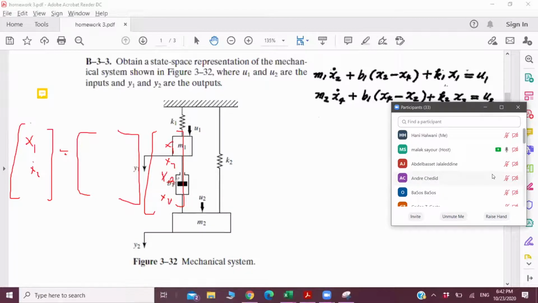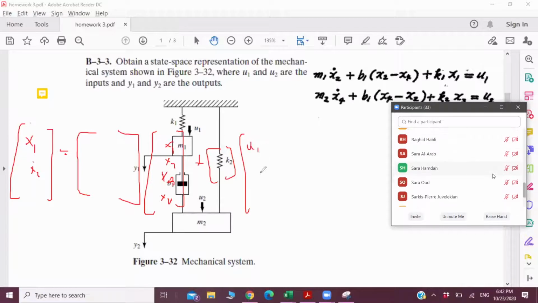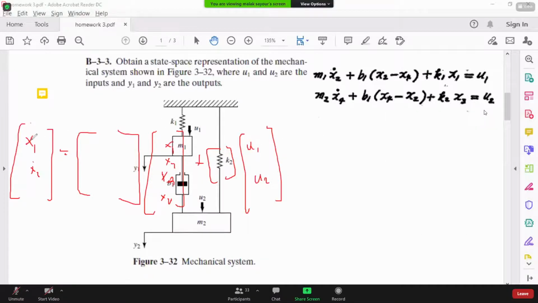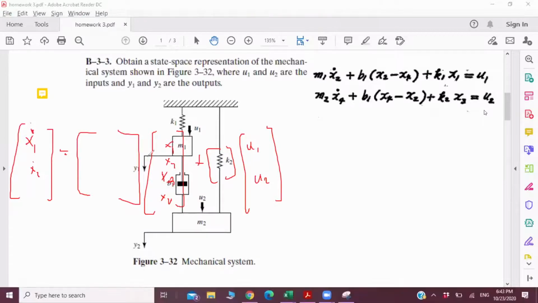And then we had another matrix multiplying the inputs, which are y1 and y2. So you have to express y1 dot as a function of only x1, x2, x3, x4, and your inputs. So x1 dot cannot contain x2 prime, for example, or x3 prime. It has to be expressed by these terms and only these terms.